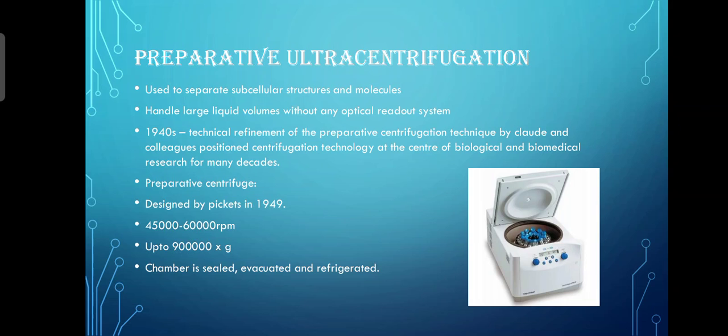Preparative centrifuge designed by Pickels in 1949. 45,000 to 70,000 rpm is the speed of preparative ultracentrifugation. Their centrifugal force is up to 9 lakh g. Their chamber is sealed, evacuated, and refrigerated.